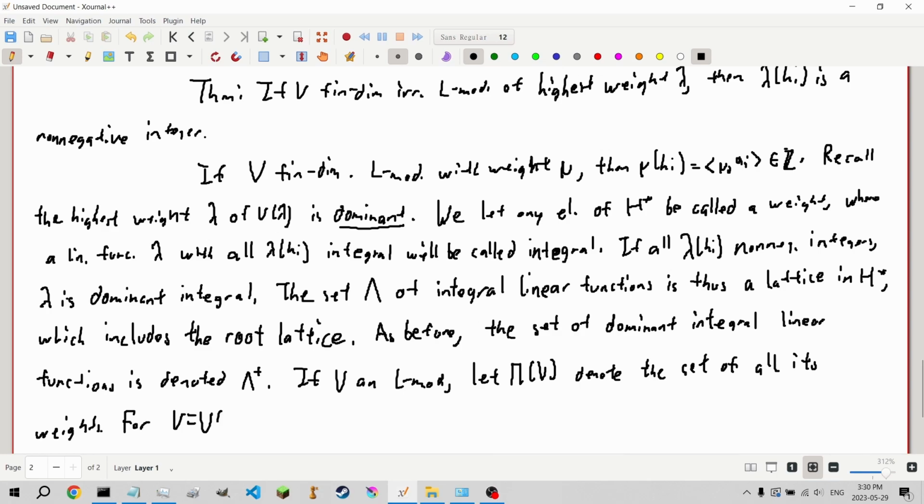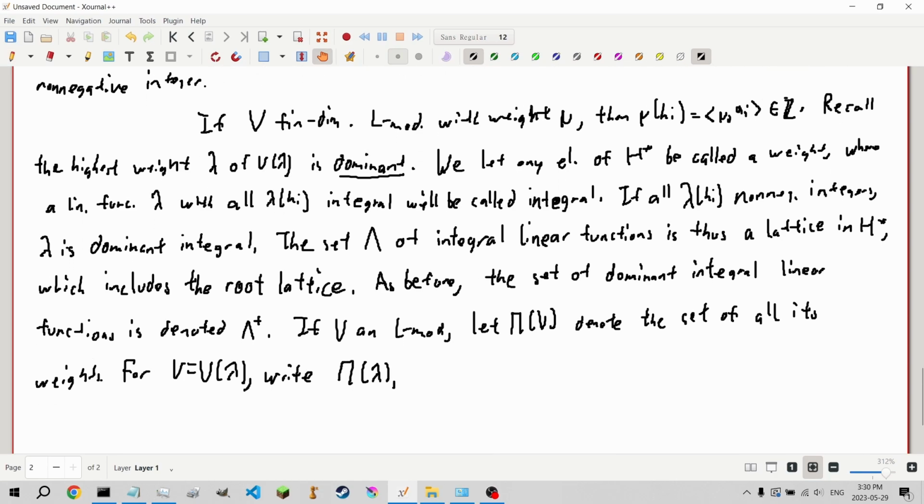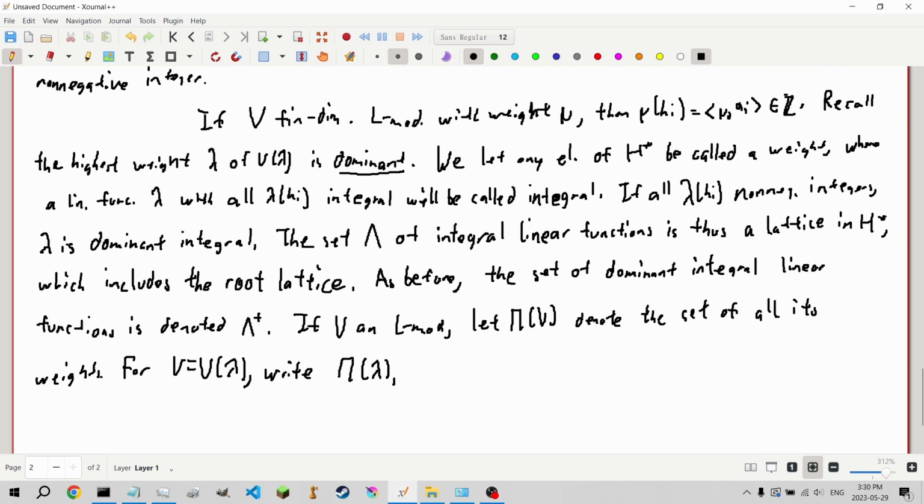For V being our V lambda, we can also write it as lambda of V lambda. And we have our existence. Let's look at sufficient condition for finite dimension.